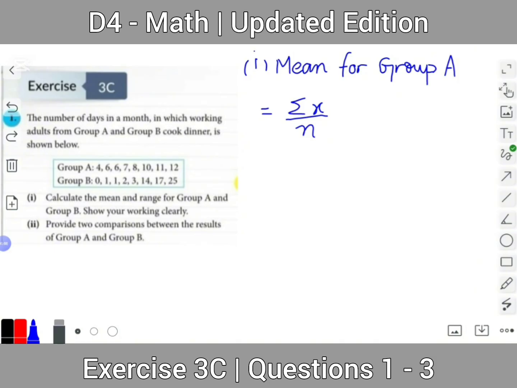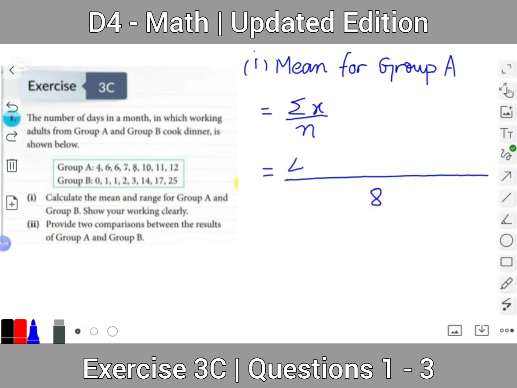So first we have to see what the total frequency is. We have 1, 2, 3, 4, 5, 6, 7, 8 data values. So here we have 8, and now we sum each data value given for group A.